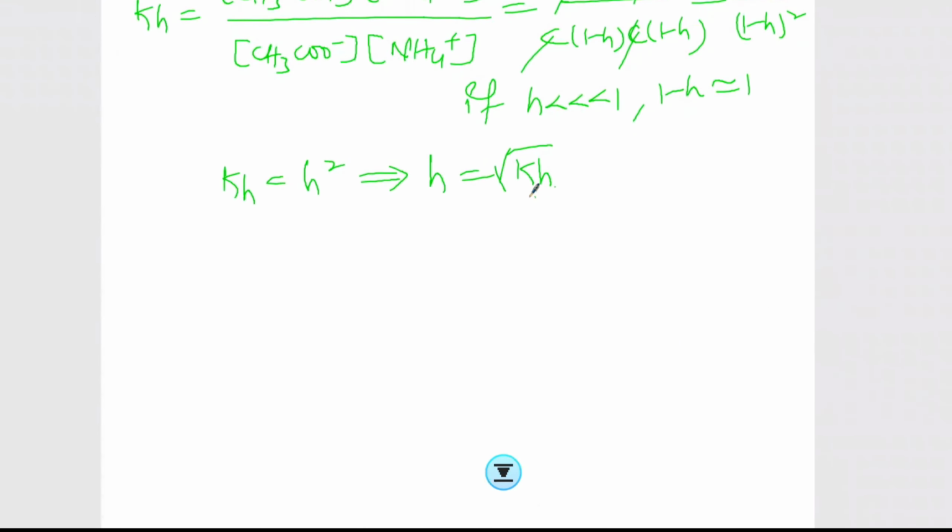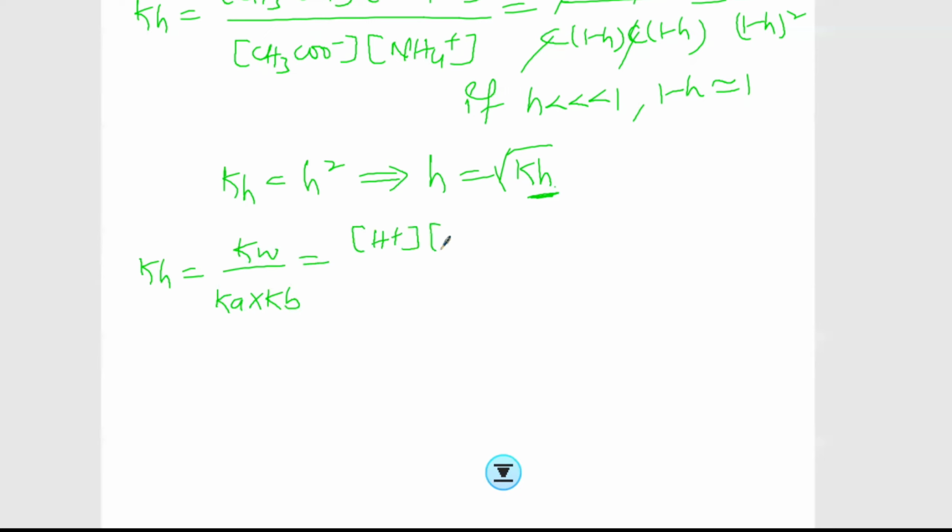Before that, I need to write this Kh in terms of the ionic product of water and the dissociation constants of acid and base, right? So this Kh can be written as Kw by Ka into Kb. Let us test whether it is correct or not.